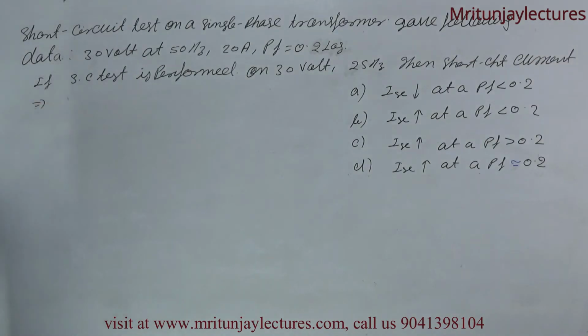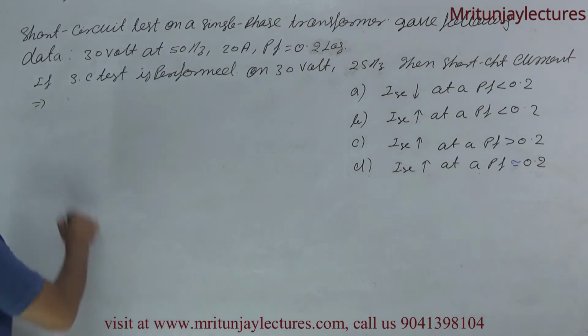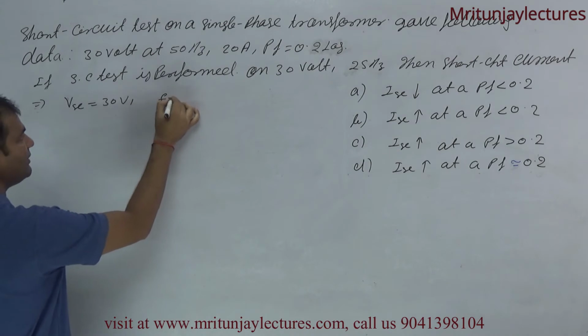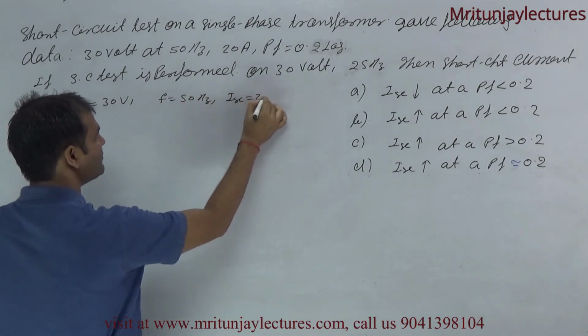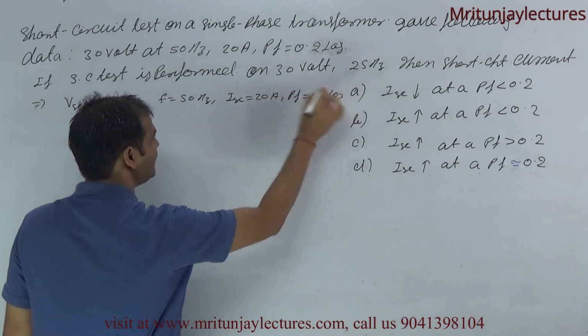According to the question, a short circuit test on a single phase transformer gave the following data: short circuit voltage 30 volt, frequency 50 Hz, short circuit current 20 ampere, and power factor 0.2 lagging. Clear?